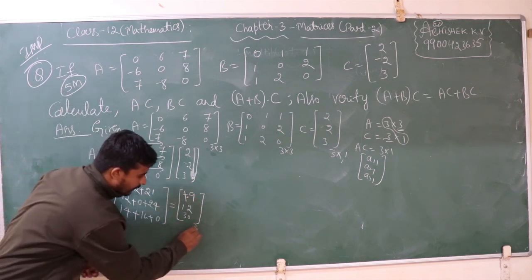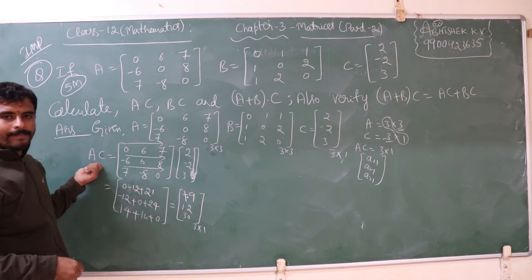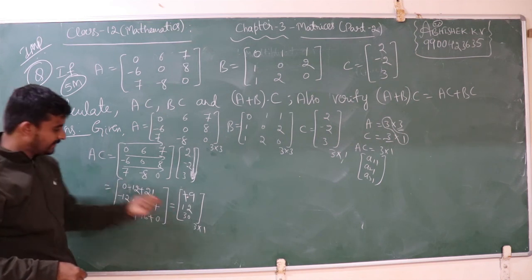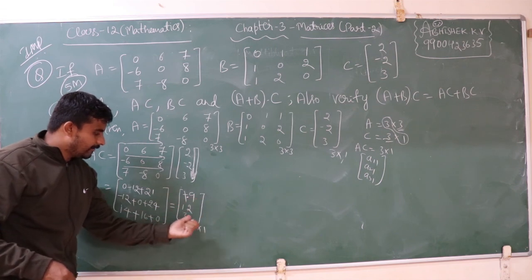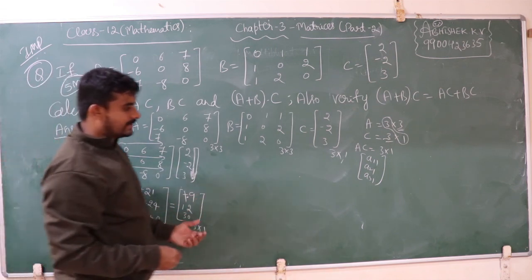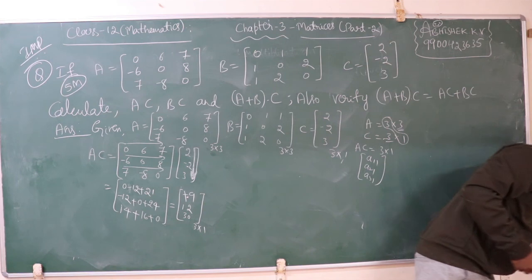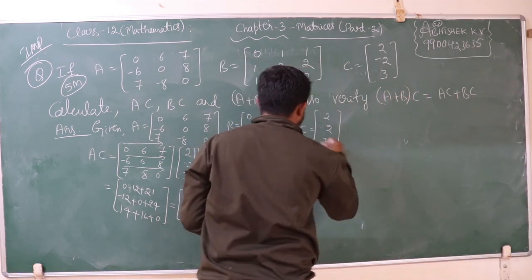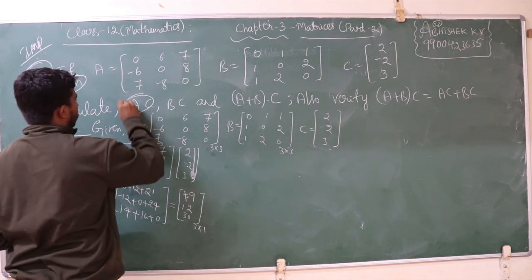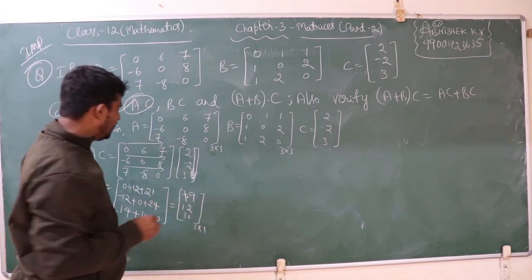The resultant matrix of the product AC is of order 3 by 1, given as 9, 12, 30. Next, I move on. AC is over. Next, BC.